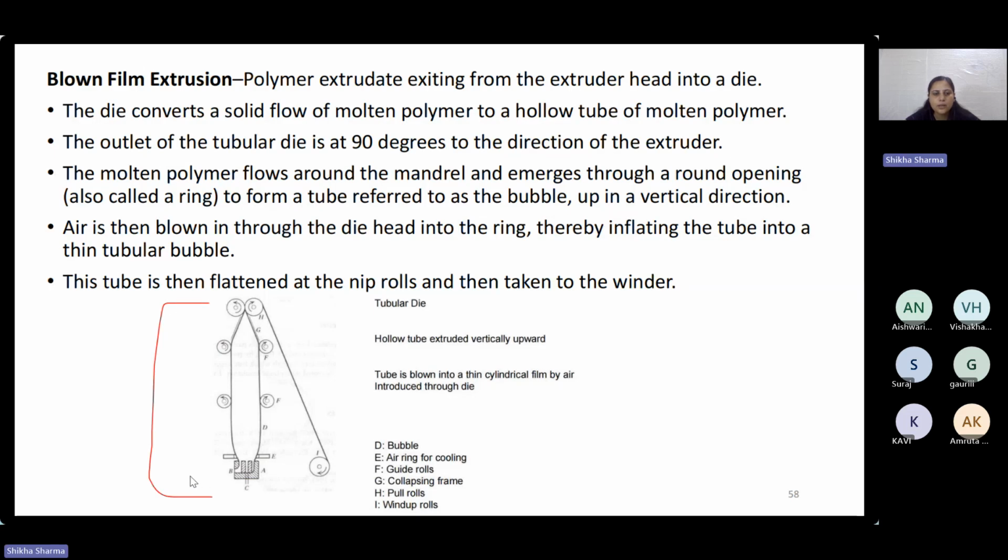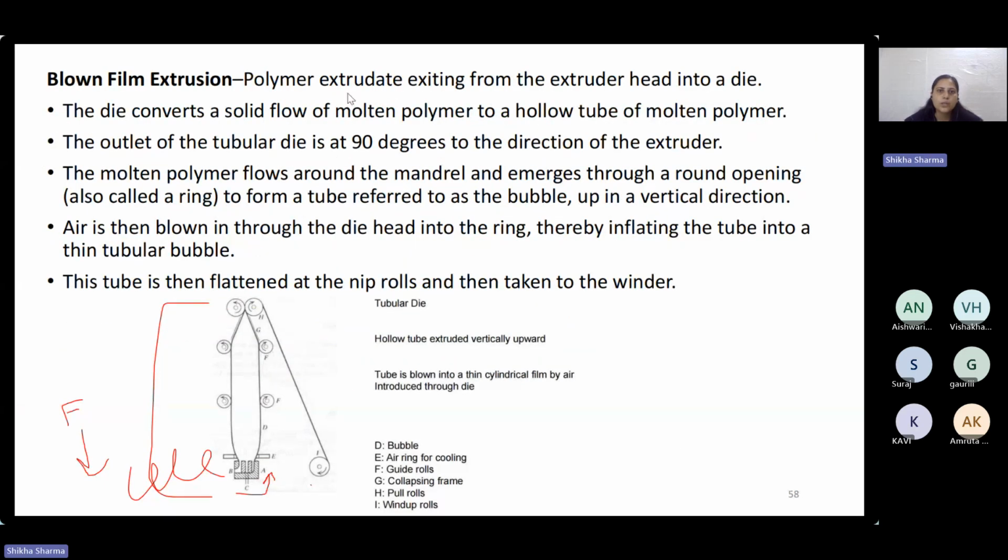So what happens here? First there will be an extrusion system. We give the feed to this extrusion machine so that liquid or molten polymer can come out. The molten polymer will help film extrusion.